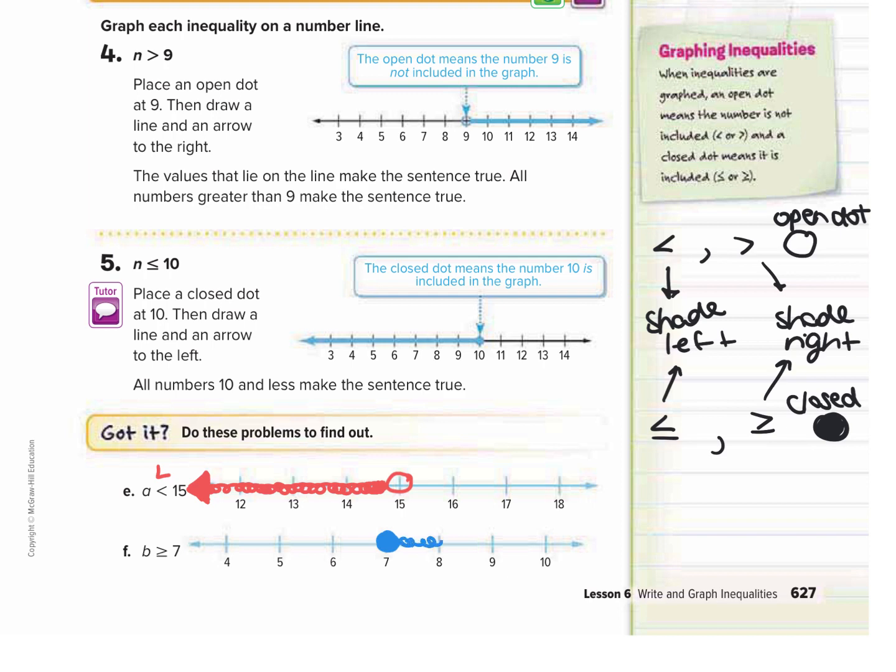That's to the right. B could be any of these numbers. And I'm going to draw an arrow because this number line continues on forever. B could also be 11, 12, 13, 14, 15. We're only seeing a small part of the number line, so we have to shade an arrow at the end to show that the number line continues and B could be any of those numbers to the right of the number line.